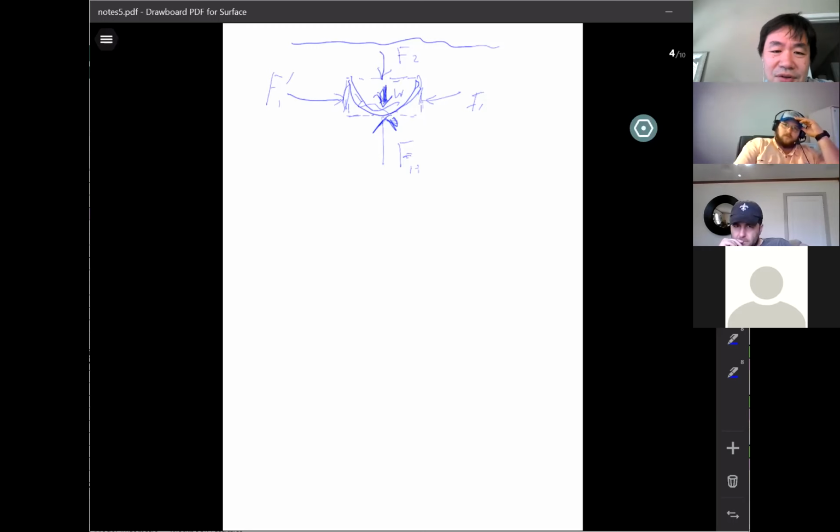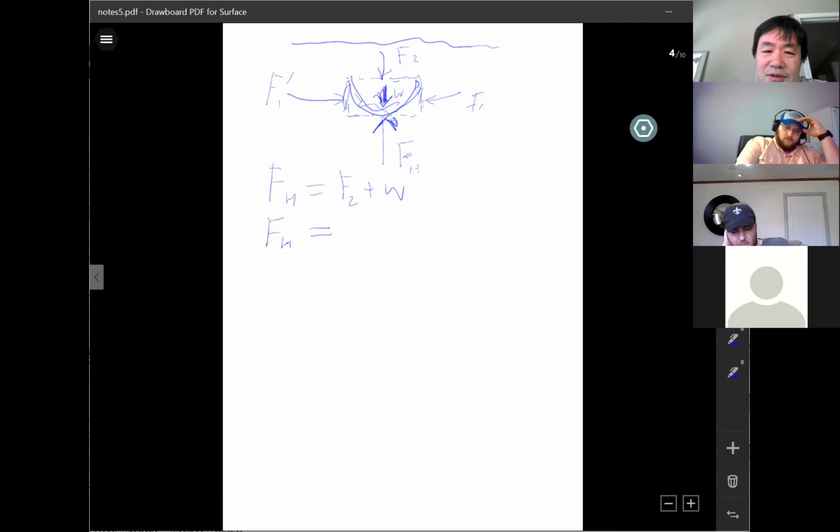So the hydrostatic force equals F2 plus W again. There's no horizontal one. That's it. The hydrostatic force is just the Y component. So can you calculate it? Let's write it down. What is F2?